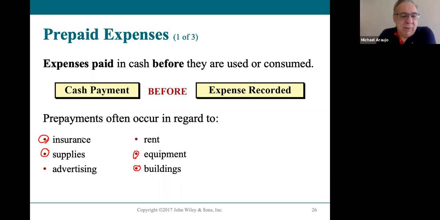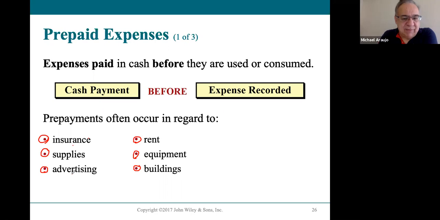What you might not be familiar with is there are other prepaid assets. There's something called prepaid rent, which works like prepaid insurance. You're paying your rent up front, so it's your asset until you need to pay it, and then it becomes an expense. And there's also an account called prepaid advertising, which works the same as prepaid insurance as well.